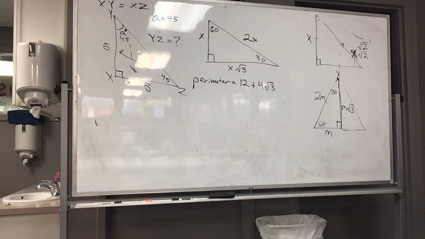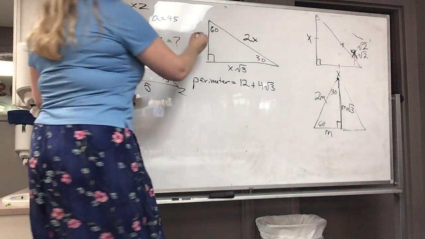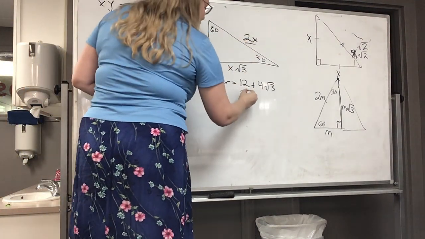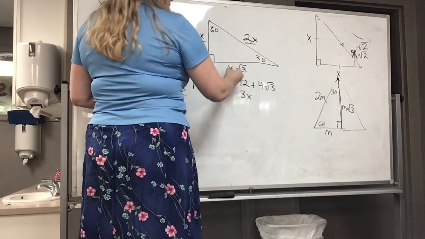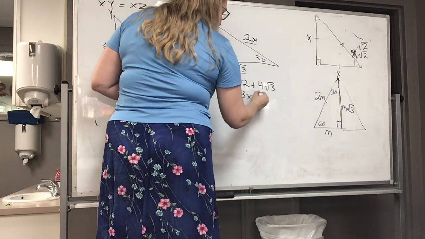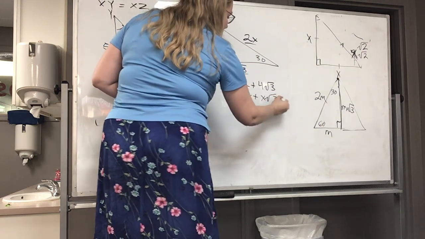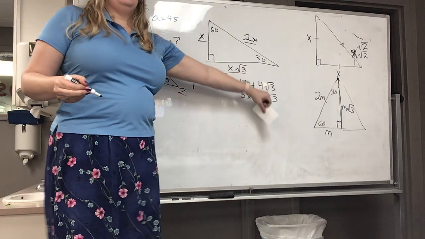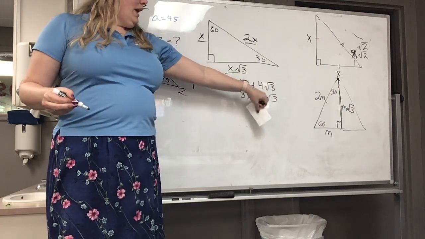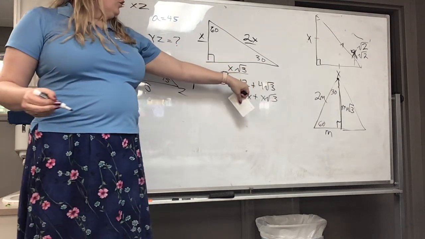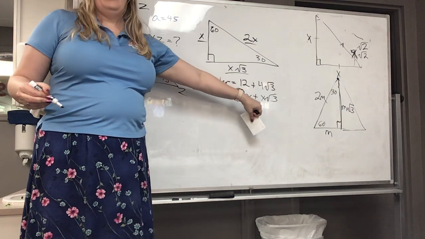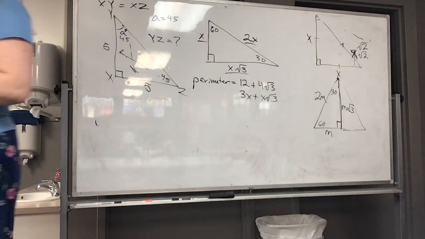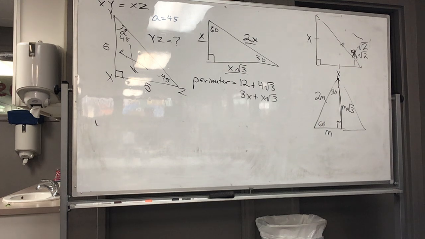This is easier than you think, because what you're going to do is take x plus 2x gives us 3x, plus x square root of 3, plus x square root of 3. And we're playing match the pieces. X and 4, 12 is 3 times 4. And so it's a weird way to present it, but not hard.